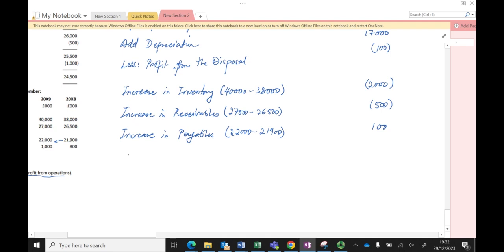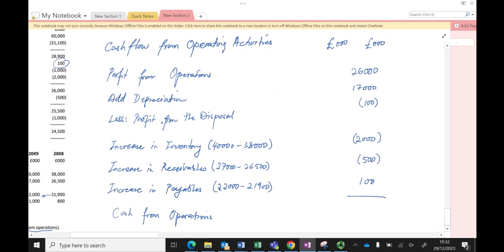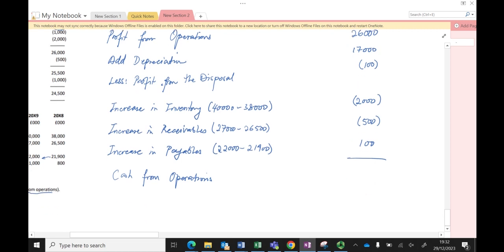So we need to calculate cash from operations. And that is 26,000 plus 17,000 minus 100 minus 2,000 minus 500 plus 100, and that is 40,500.